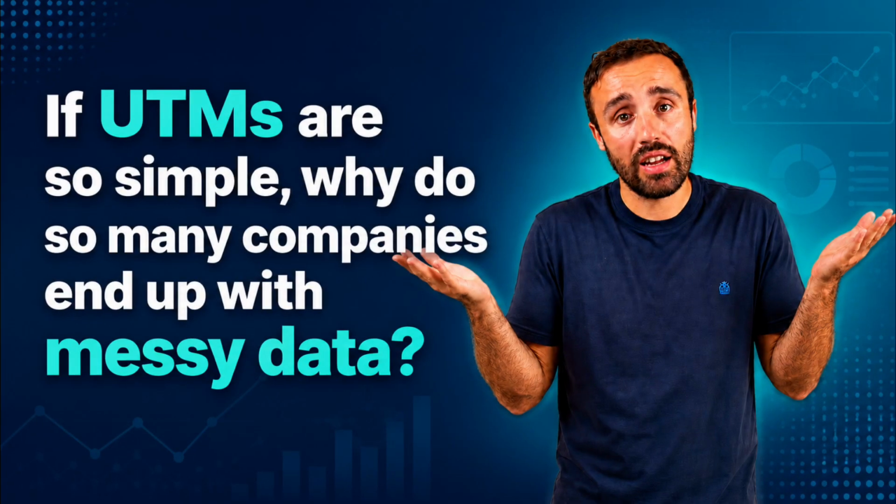So if UTMs are so simple, why do so many companies end up with messy data? What we've seen working with different teams, it usually comes down to a few common problems. Number one, human error. First is just simple human error.